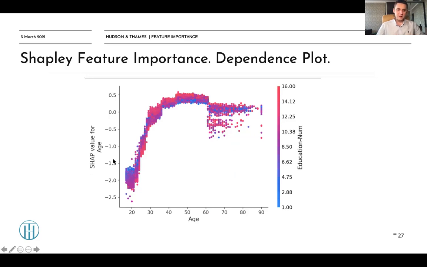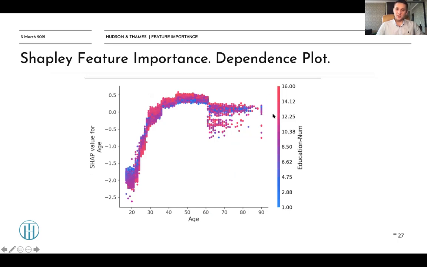So as you can see here, we have the shape value, which ranges from negative values to positive values. We have the age value in our data set, and we generate the plot, which shows that the higher the age is, the higher the prediction of our model is.